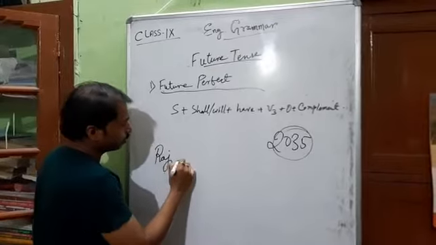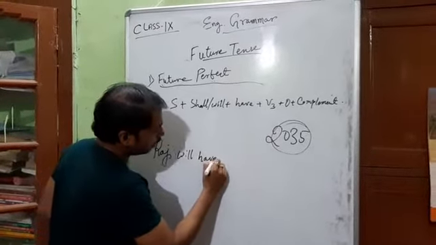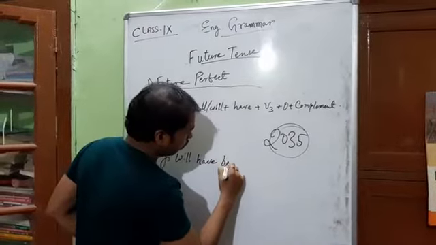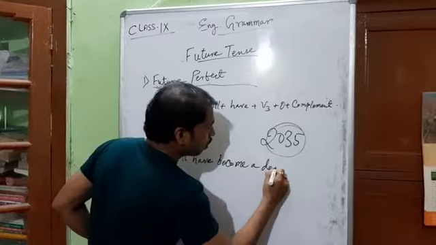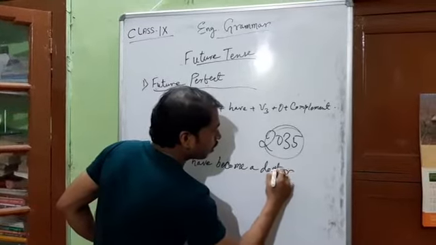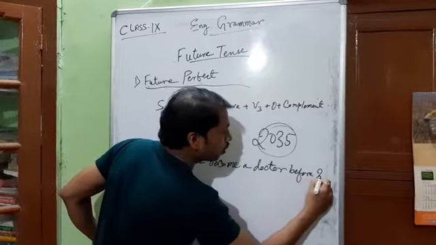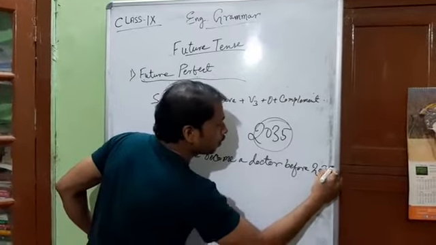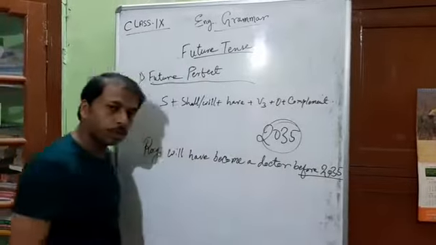Now let me clear it with the example. Raj will have become a doctor before 2035. So before 2035 is the time in future.